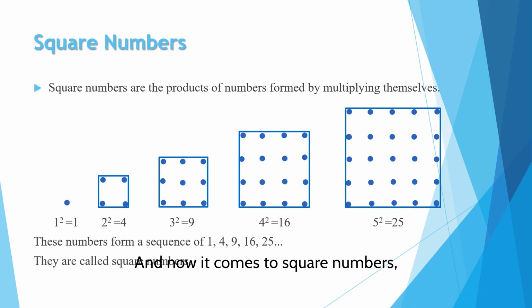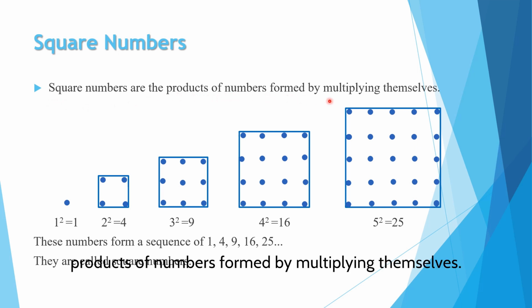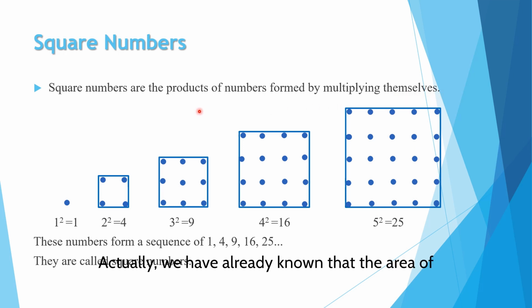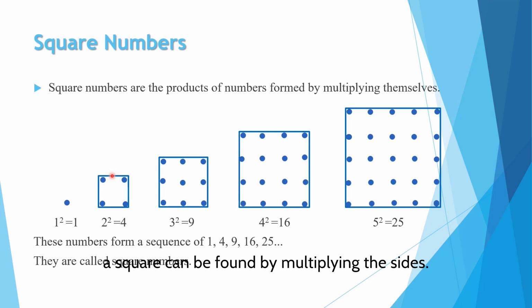And now it comes to square numbers, which is another type of sequence, and it is very interesting actually. The definition of square numbers is the products of numbers formed by multiplying themselves. So what does that mean? Actually, we have already known that the area of a square can be found by multiplying the sides.